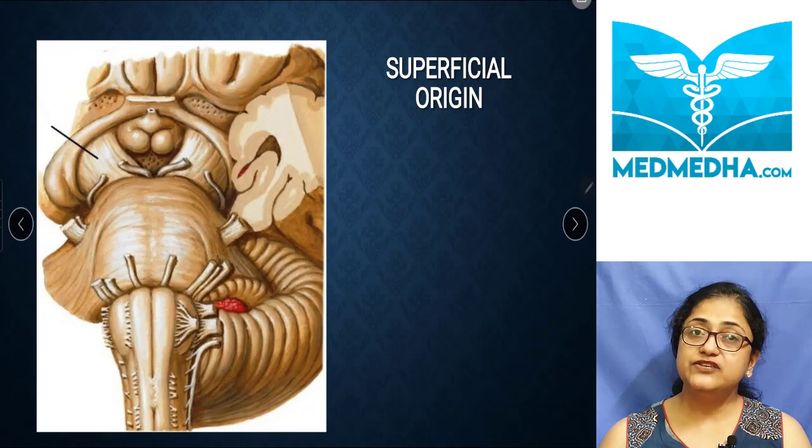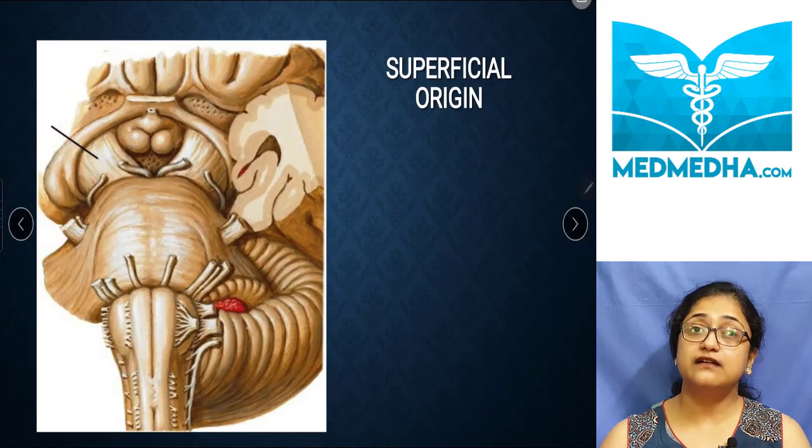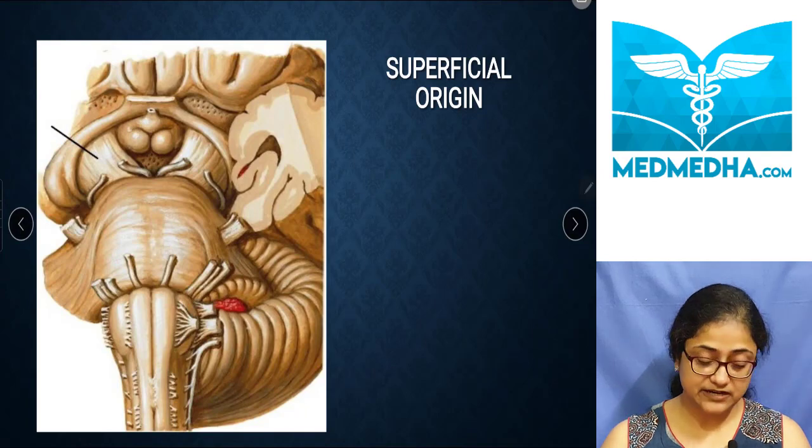Now, the left hand side picture that you can see is the picture of the ventral aspect of the brain stem, with the midbrain above, the pons in the middle, and this part is the medulla oblongata. Now, in the midbrain portion, the portion that you can see on either side, this marked, that is the crus cerebri or the basis pedunculi.